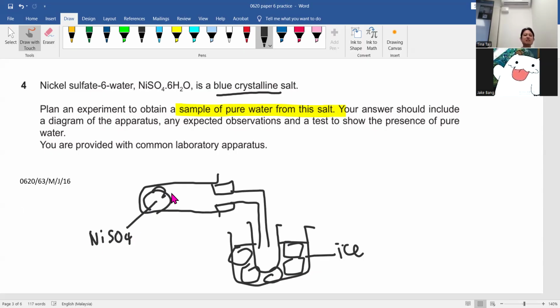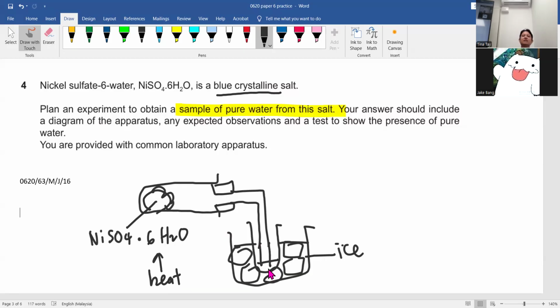This one is a crystal. Remember, this one is crystal. You see, I also read one time, also read wrong. I also read it wrong. I thought it was fractional distillation. I thought it was distillation. No, it's not. Sample of pure water from this salt. Okay, and then here you cool it, and then you heat it here, and then here you get water. Do you understand? Okay, this one has to be longer.